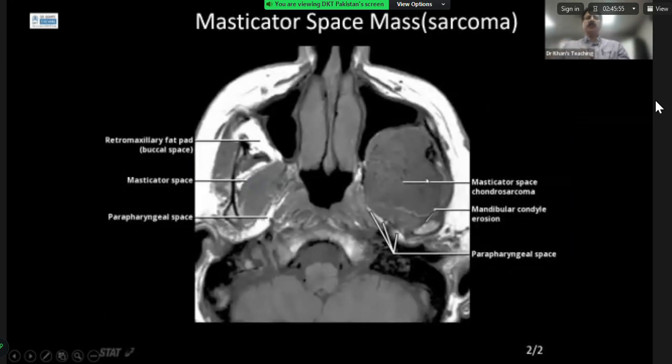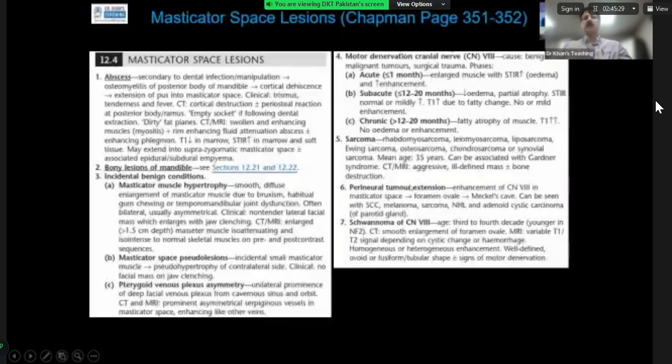Now, this is, for example, a case in which you see a right-sided masticator space sarcoma. So this is the concept. This is the right-sided masticator space. First of all, you have to know your anatomy, that this is medial pterygoid, this is lateral pterygoid, and then you will understand that this is a mass in the masticator space. What will be the next step? The next step will be that you will go into this differential diagnosis.